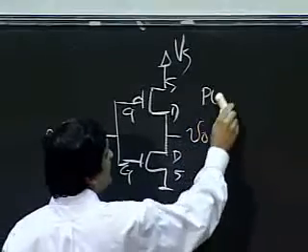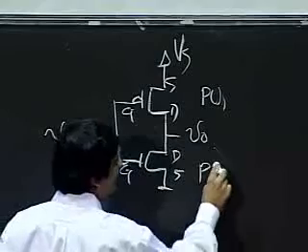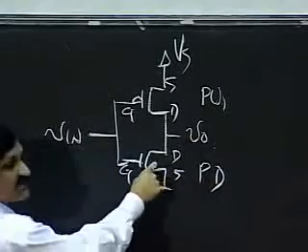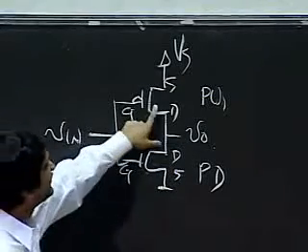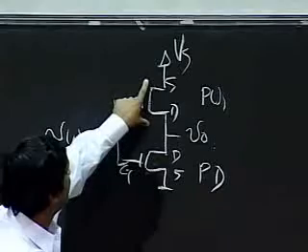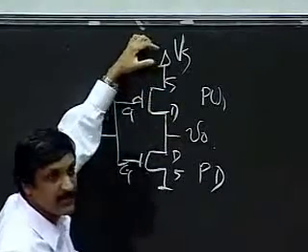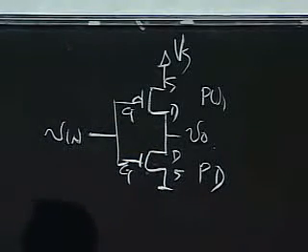And this guy is called a pull-up, and this guy is called a pull-down. The reason is that this guy pulls the output to ground when it's turned on, while this guy, when switched on, will pull this node up to Vs. So I pull it down or pull it up based on whether Vin is high or low.